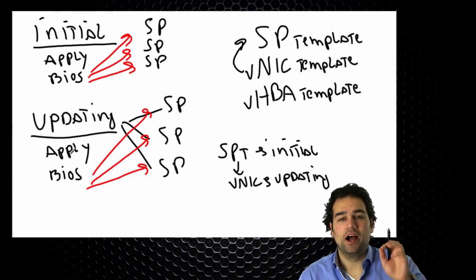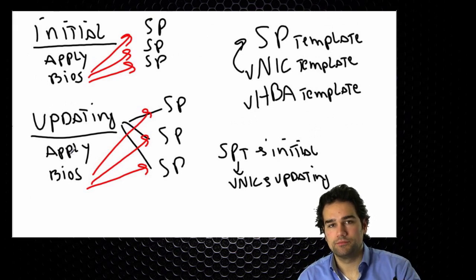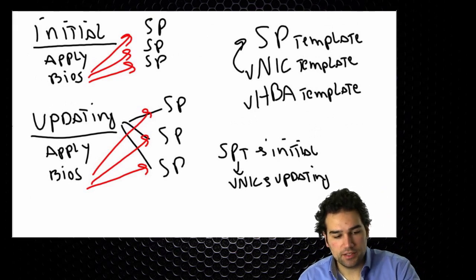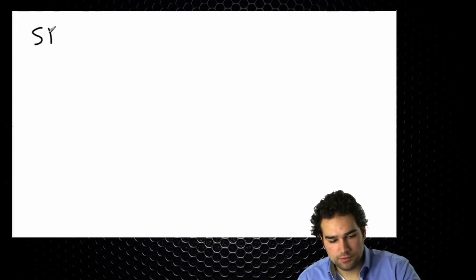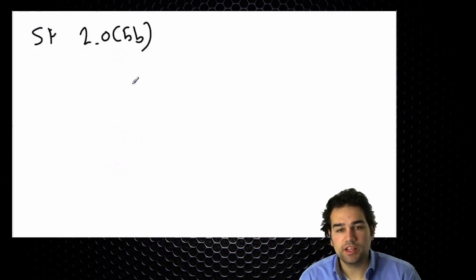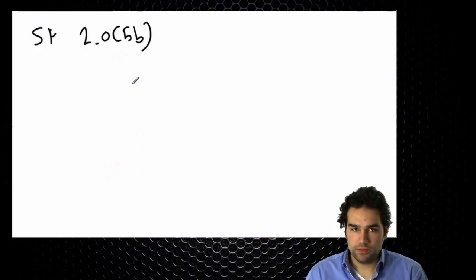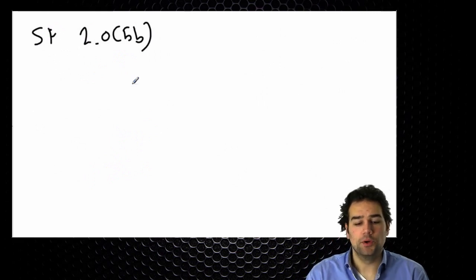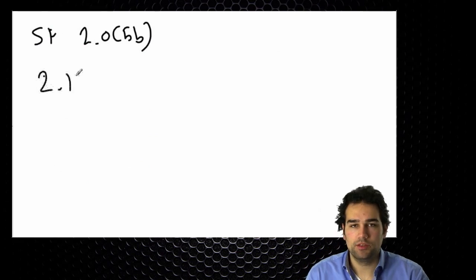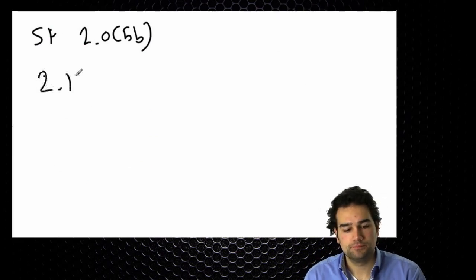And that can be a higher version or a lower version. So as soon as I get an RMA for a server, for example, and I am running, let's say, software 2.0(5b), when I RMA a server and I get a new one, it's probably going to have 2.1 something installed, or even 2.2 right now.